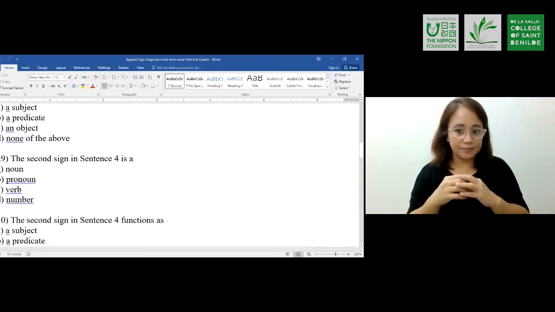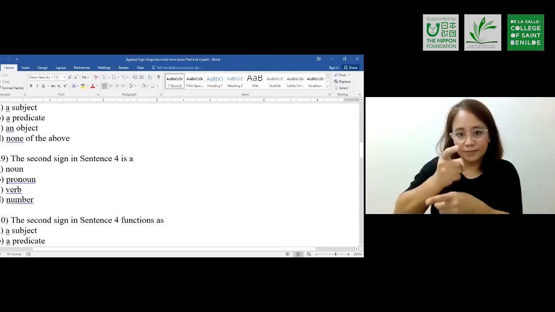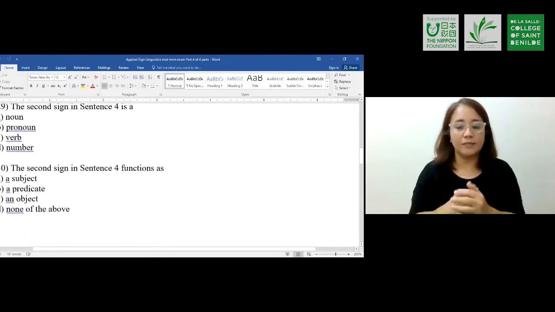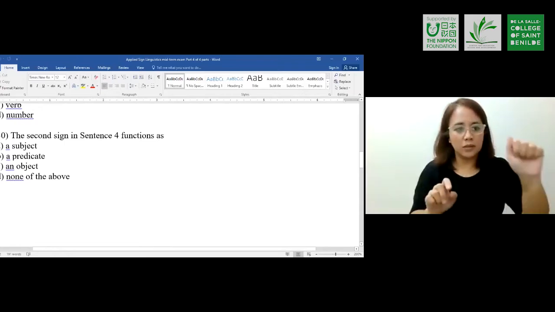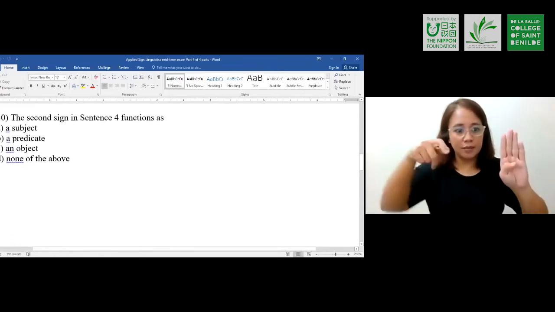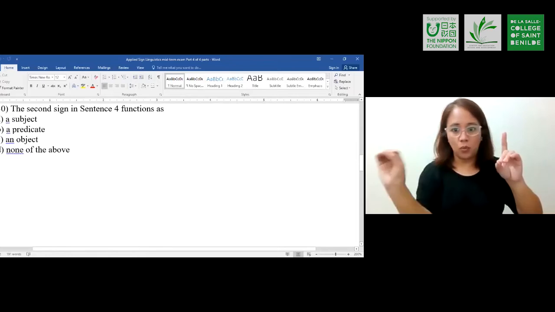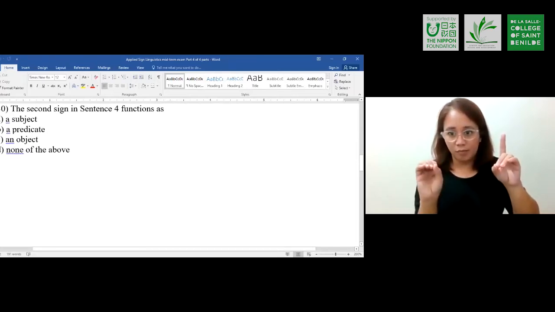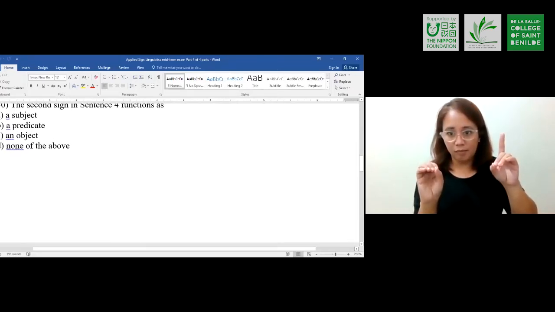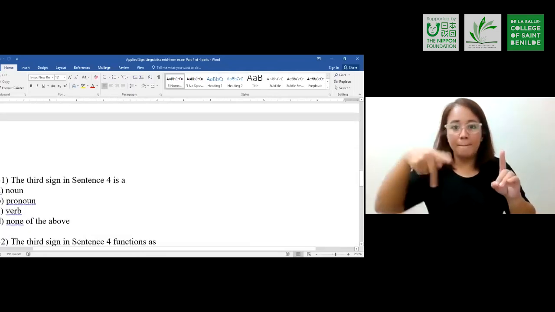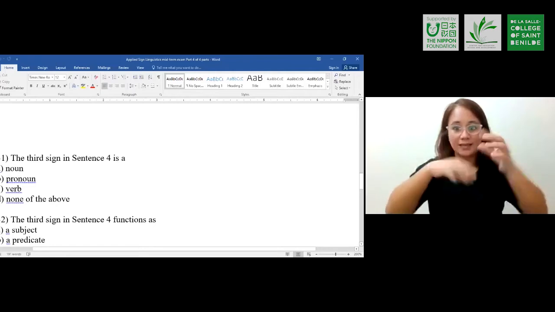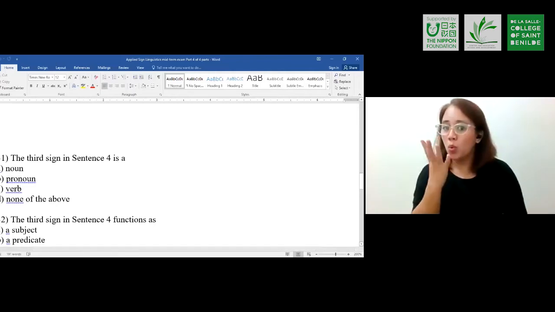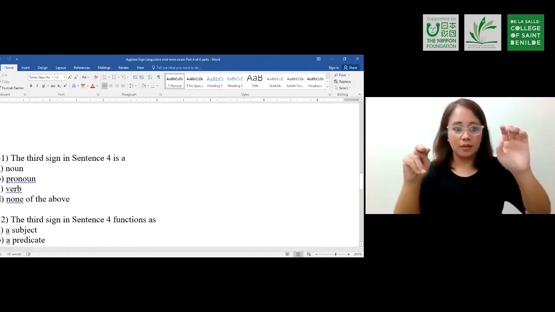I see C. C is correct. Number 30. The second sign in sentence 4 functions as a subject, a predicate, an object, none of the above. I see B as in boy. Yes, predicate.